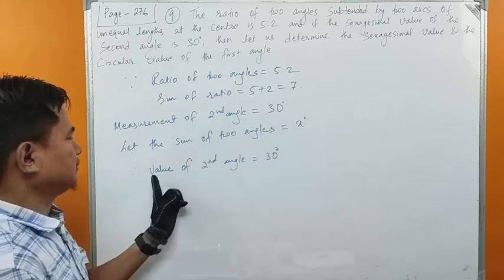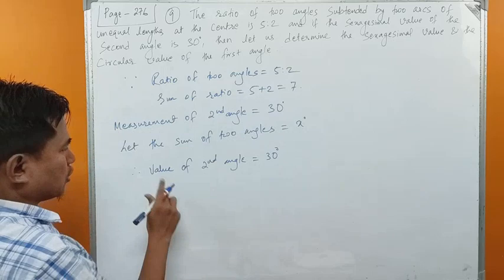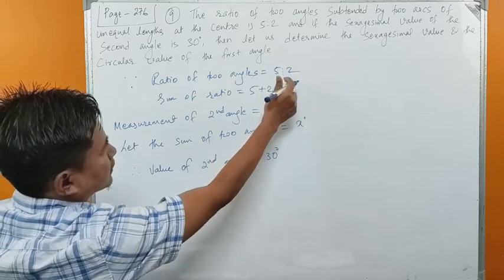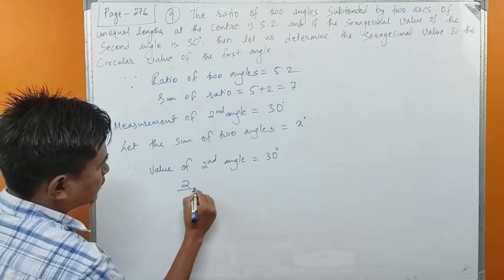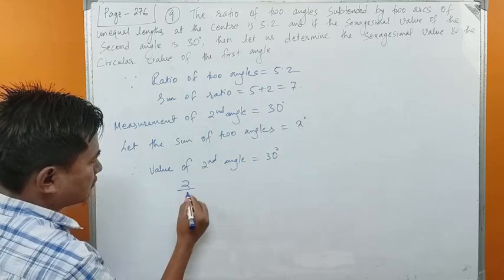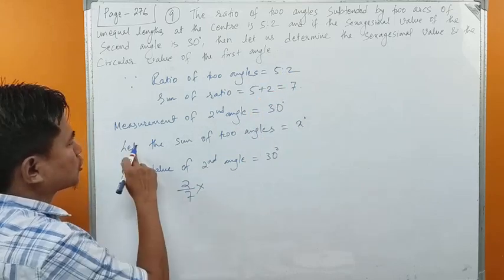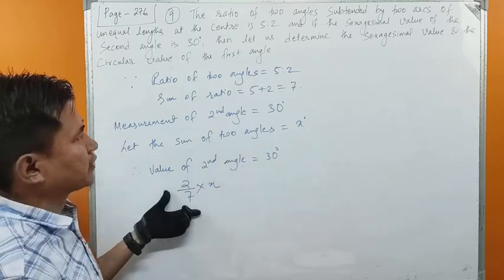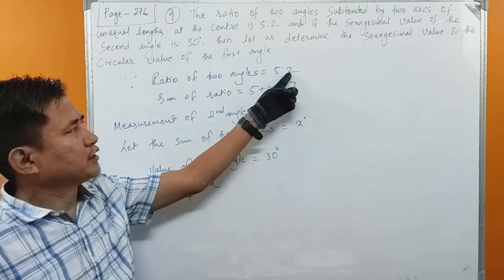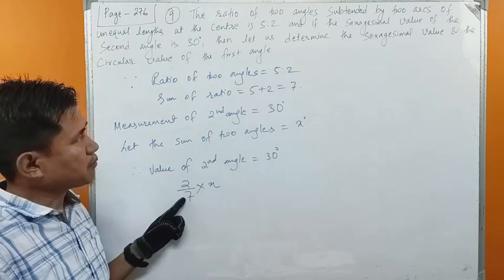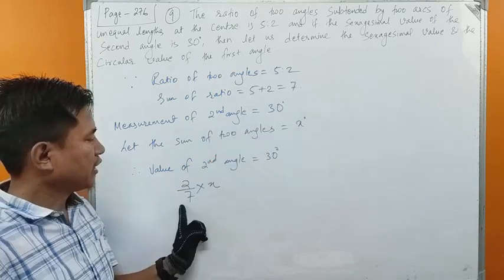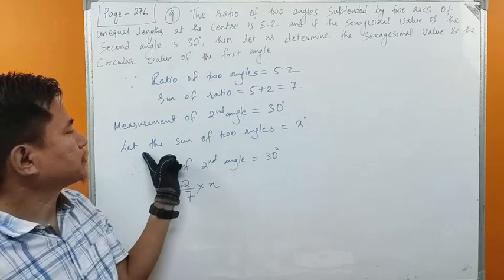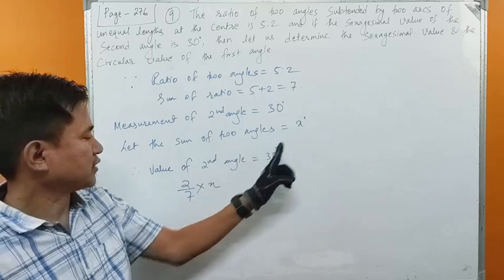Measurement of second angle is value of second angle, 30 degrees. So value of second angle is the ratio of second angle, that is 2 divided by sum of ratio 7 into sum of two angles, that is x. Let me repeat again. Ratio of second angle 2 divided by sum of ratio 7, into the sum of two angles, that is when we add two angles, first angle and second angle, we get x degrees.